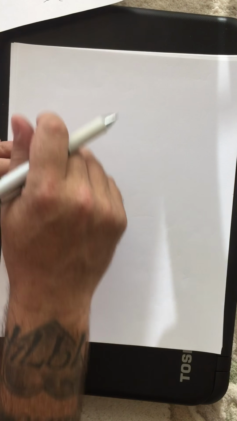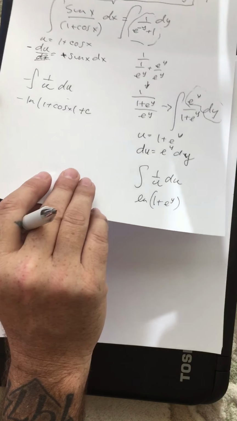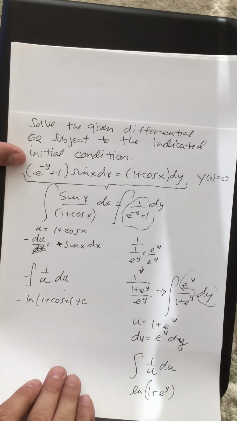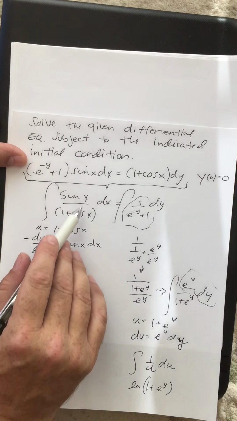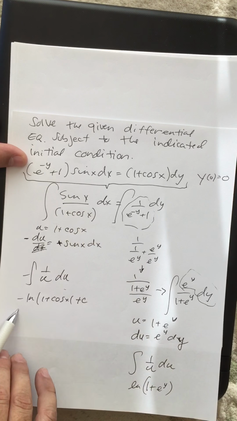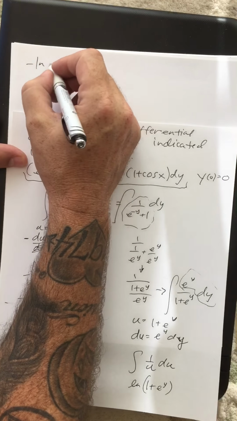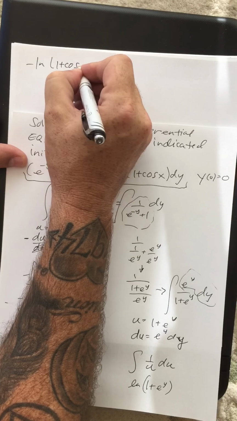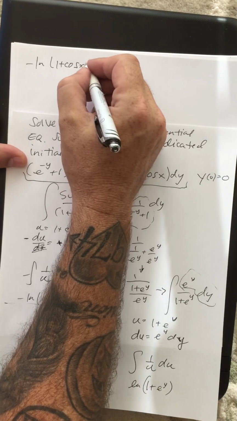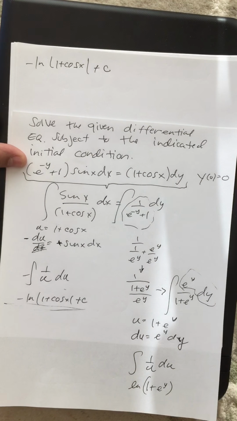What we have now, if you look at it down here, is what we solved right here. So we've got negative log of 1 plus cosine x plus c, our constant of integration.